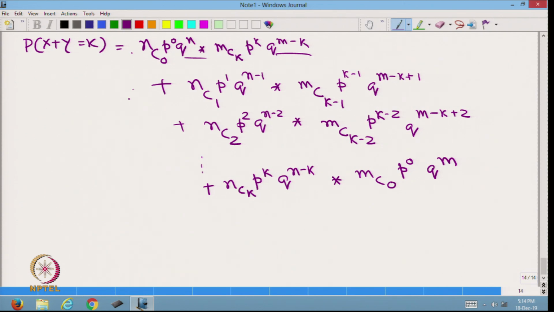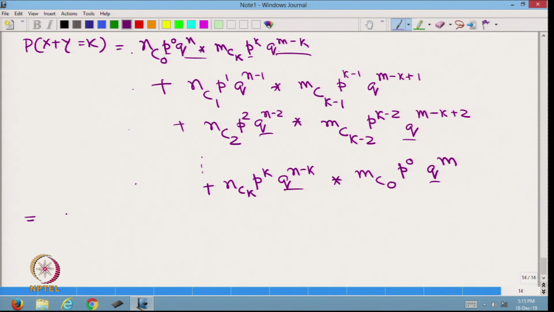Thus, there are k plus 1 terms, and if you look at the total power of p is k and the total power of q is m plus n minus k, that you can verify for all the k plus 1 terms.